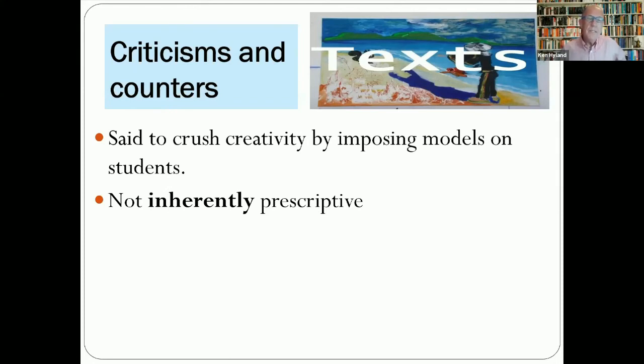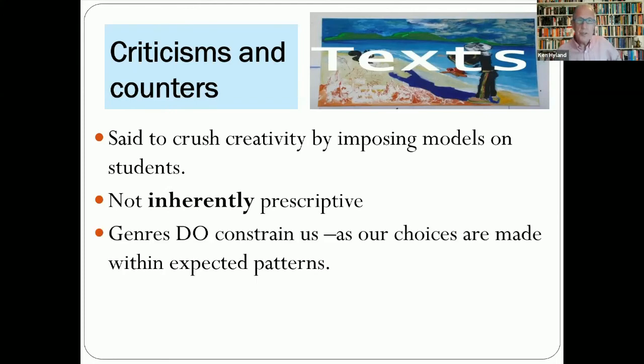The key point, I think, is that genres do constrain us. Once we accept that our goals are best achieved by writing a WhatsApp message or an accountancy report or an essay, we're going to write within certain expectations.